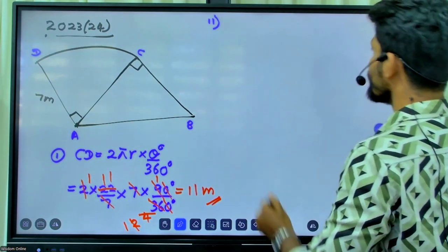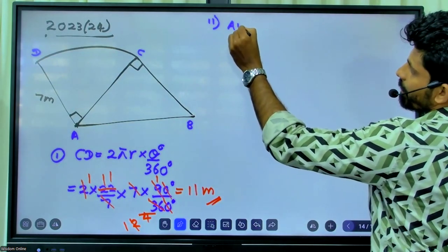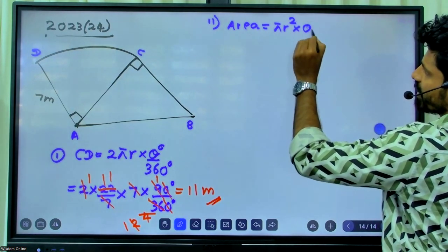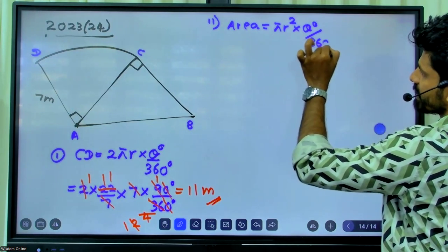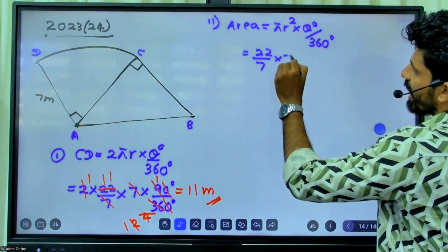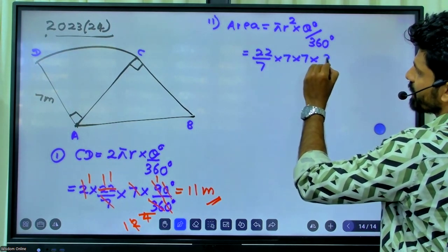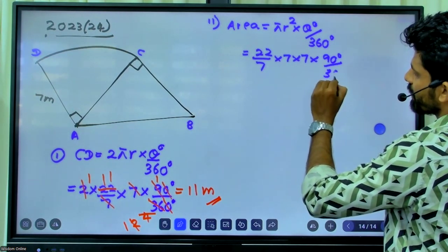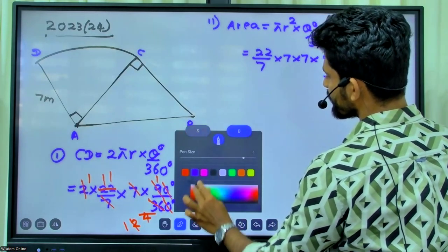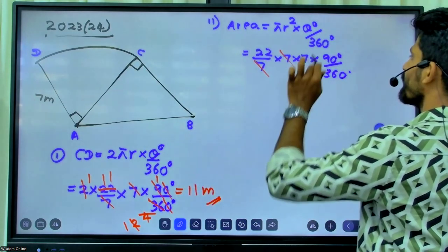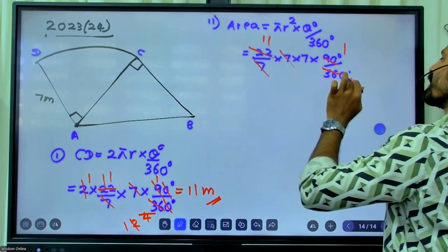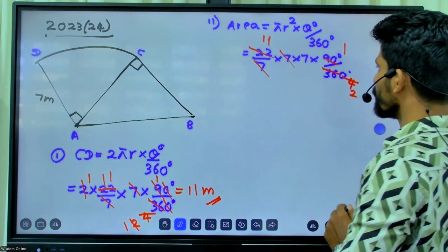Area equals pi r squared into theta over 360. 22 over 7 into r into 90 over 360. 7 cancels out. 1 and 4. 22 divided by 2 is 11. 2 divided by 2 is 1.